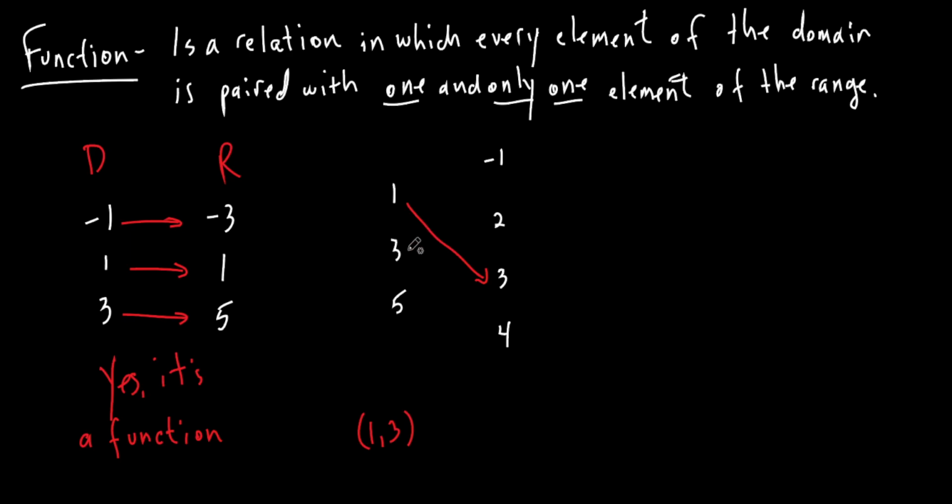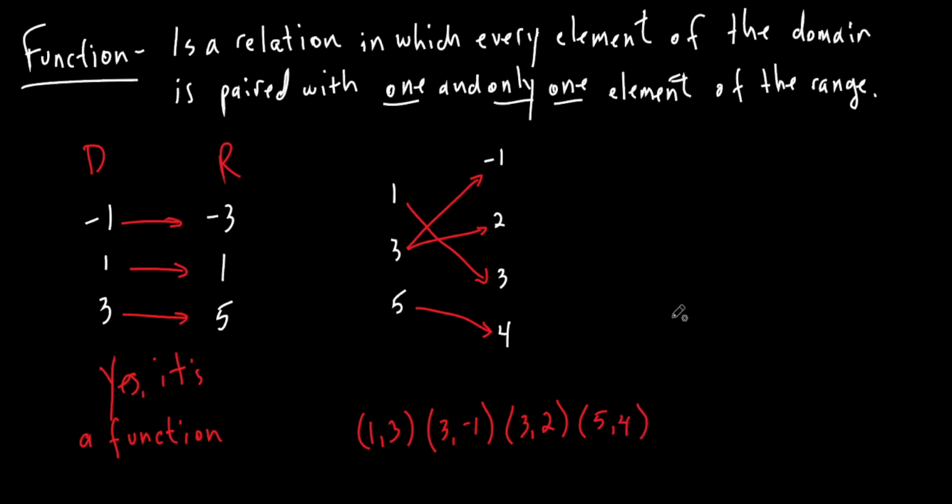Now 3 is a little different. 3 goes to negative 1, and listen to this. 3 also is mapped to 2. So let's write the ordered pairs down. What does 3 go to? Negative 1, and it also goes to 2. And then 5 just maps to 4, and that's it. So we write the ordered pair 5, 4.